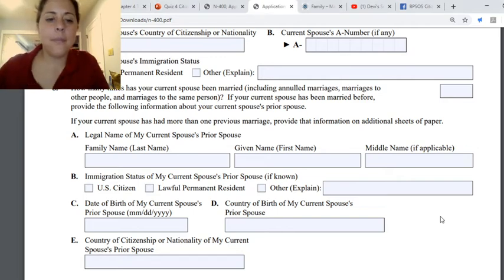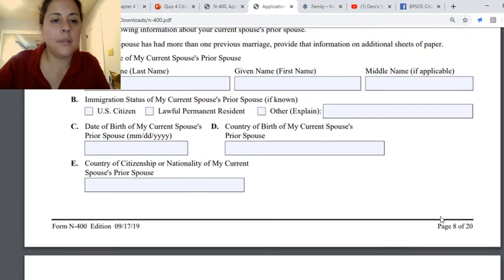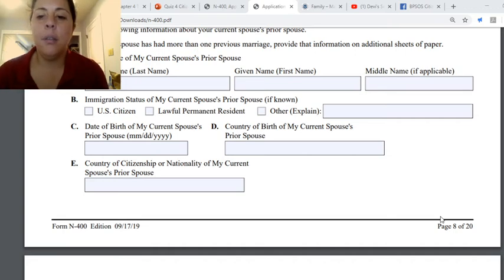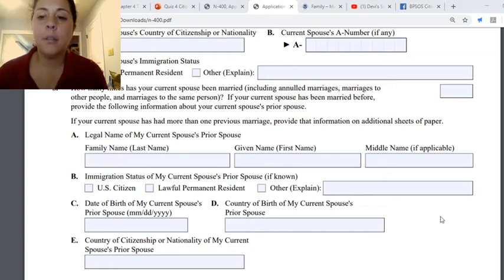So you're looking at letter A, legal name of my current spouse's prior spouse. You are looking at the legal name, last name, first name, middle name, immigration status, date of birth, country of birth, country of citizenship for your husband or wife's prior marriage.